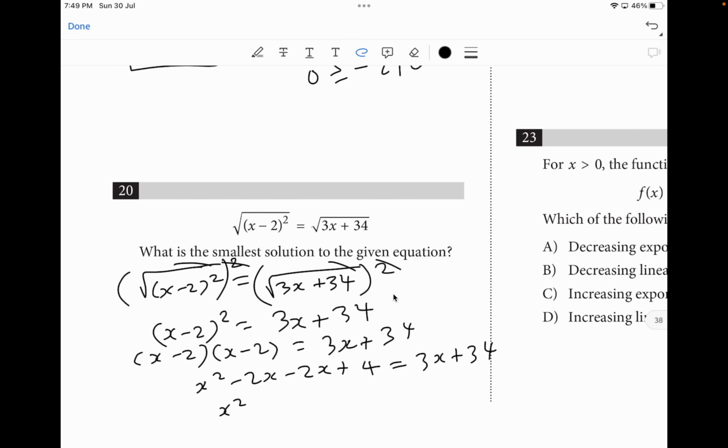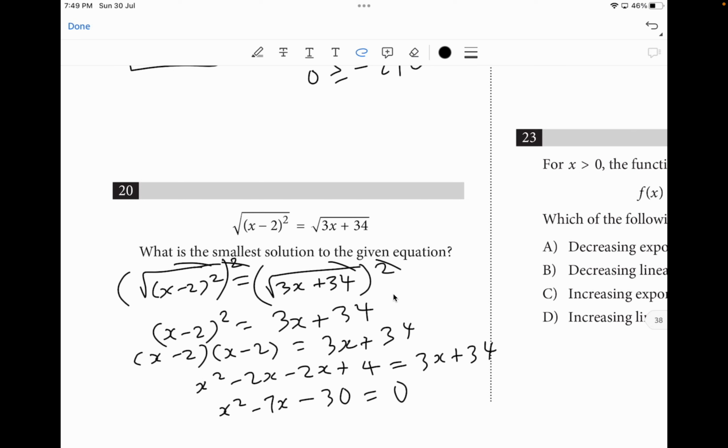Negative 4x minus 3x should be giving you negative 7x, and 4 minus 34 should be giving you negative 30, so it equals 0. Let me just check this again. Yeah, just do this carefully, guys. It should be giving you negative 7x.